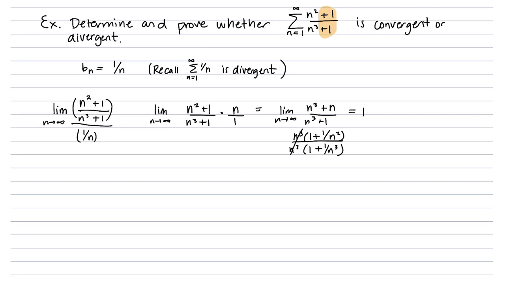And let's go back to our limit comparison test and what that means. We got a positive finite value, so these series behave similarly.